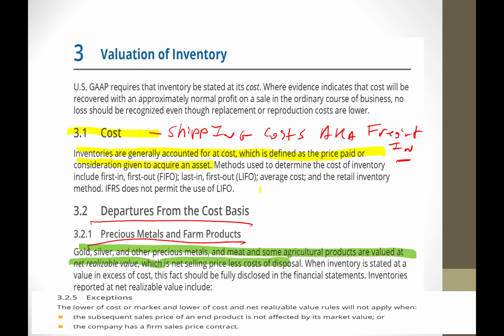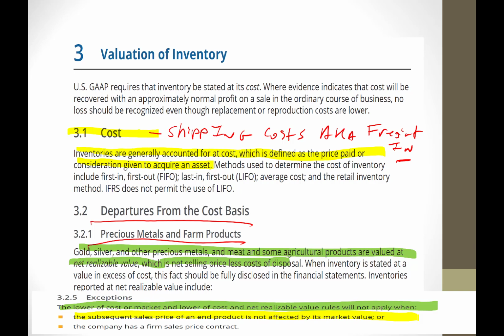Exceptions now. Lower of cost or market exception. I don't have to write an inventory down to a lower market if the ultimate sales price is not going to be affected. So what happens? I've got a warehouse full of steel, and the price of steel is dropping.